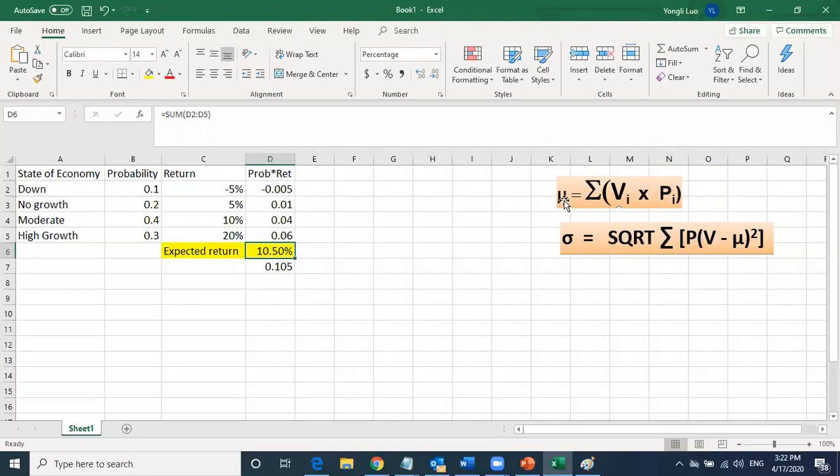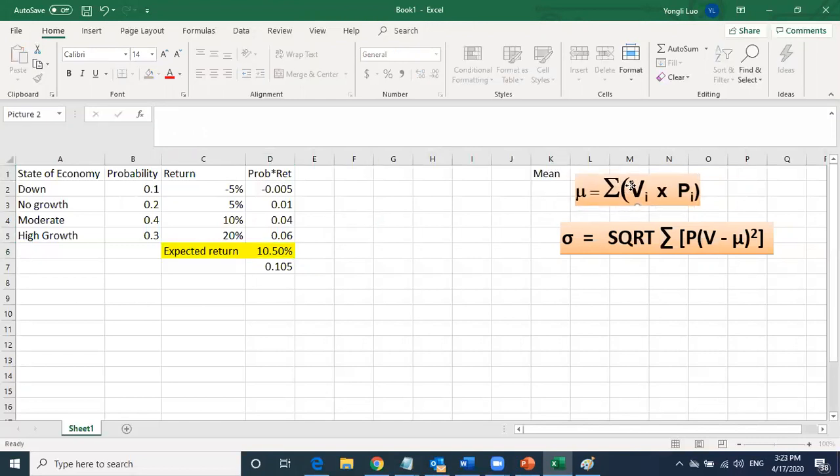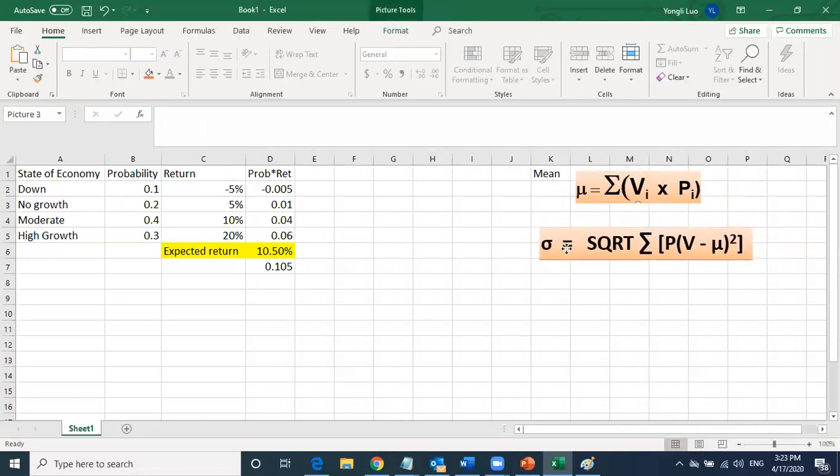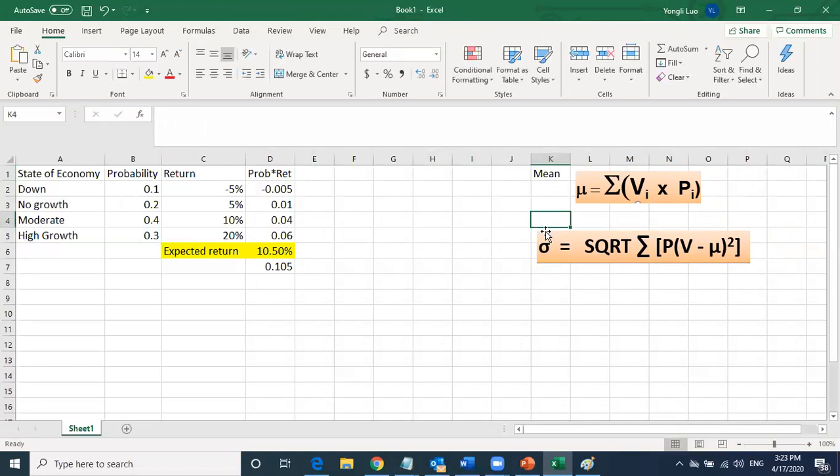This Greek letter is called mu, which is the mean. In statistics we call this the mean, and this one for risk is called the standard deviation. The standard deviation is a measure for risk, and the mean is a measure for expected return.